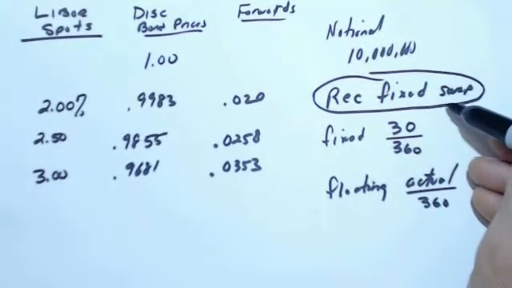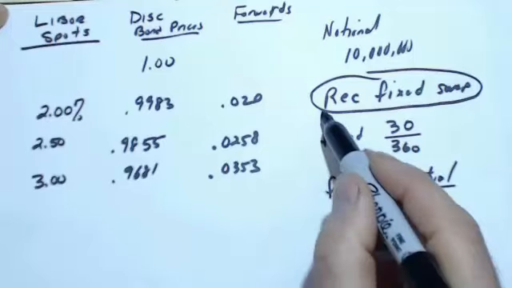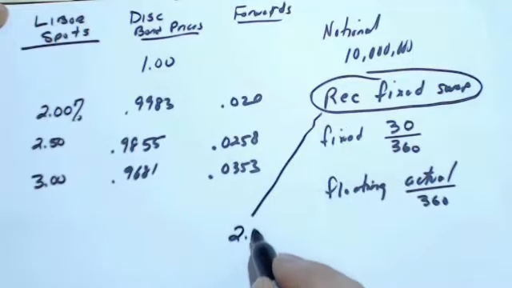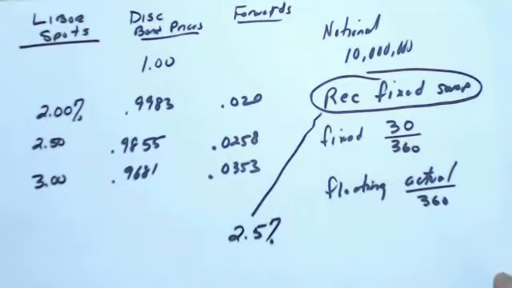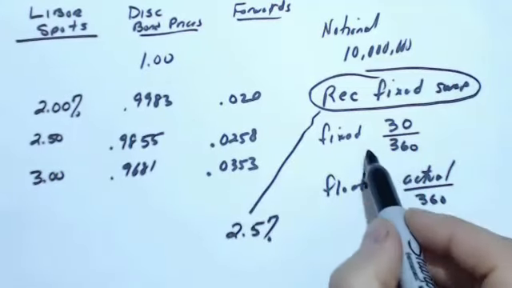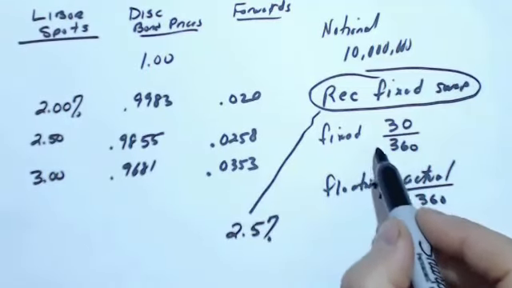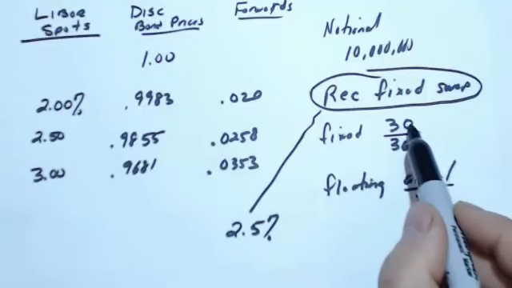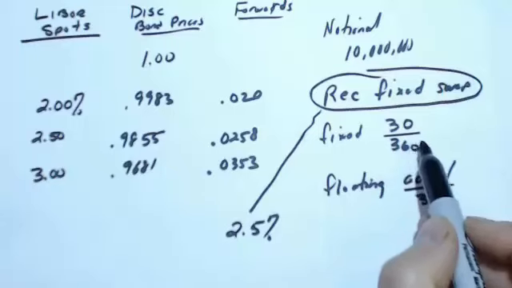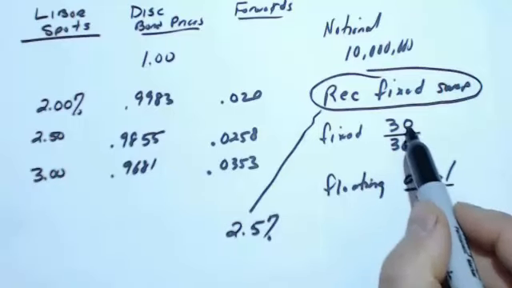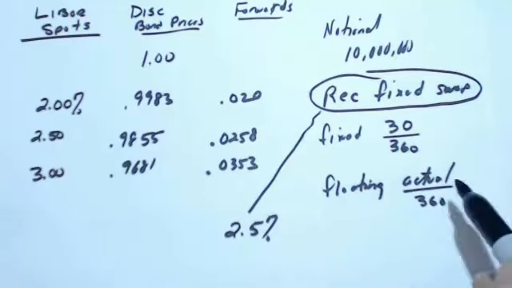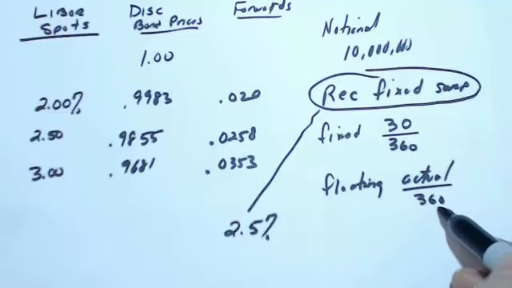It's a receive fixed swap, so you're going to receive a fixed payment, in this case 2.5% of the notional value. The convention for the fixed side is that we assume 30 days per month out of a 360-day year, and for the floating side we assume actual divided by 360.